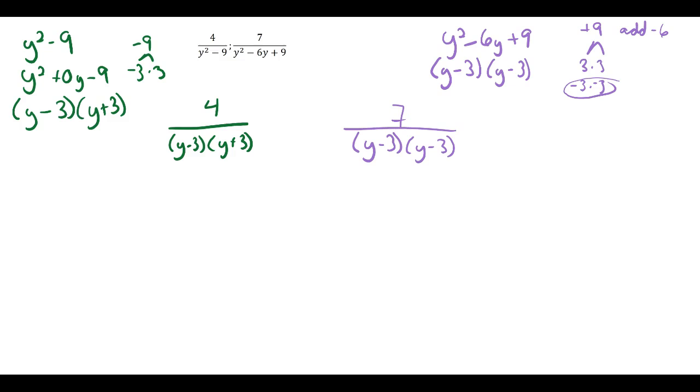So now, looking at these, finding a common denominator, well, I have a y minus 3 in both of them, so that's going to be easy. Then in this one, I have another y plus 3. And in this one, I actually have a y minus 3.